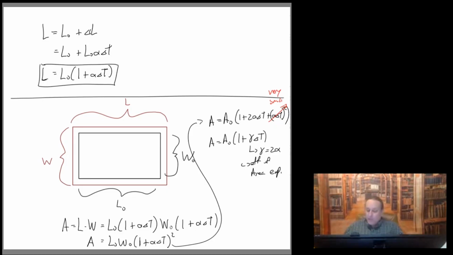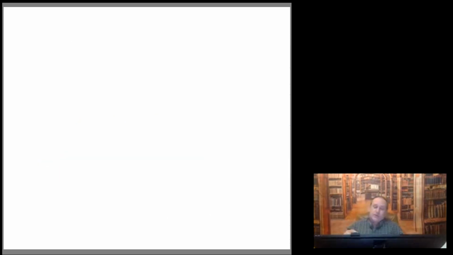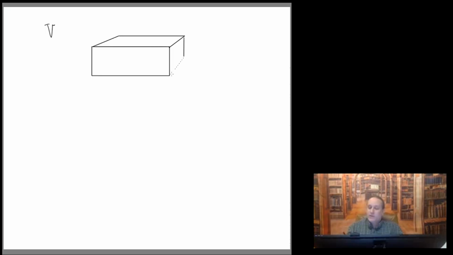And for volumes, let's see. So we've got a shape and we make it into 3 dimensions. Okay, about like that.